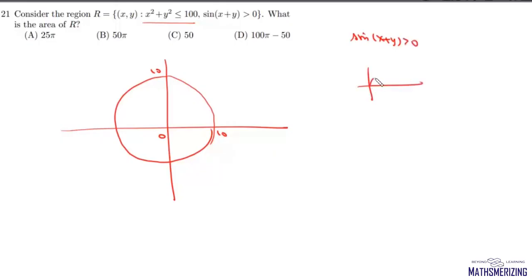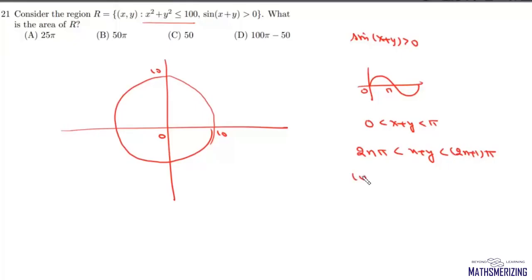Now sine is positive when the angle lies between 0 and pi. So here x plus y should lie between 0 and pi. Now we can generalize it as 2n pi is less than x plus y is less than (2n plus 1) pi.